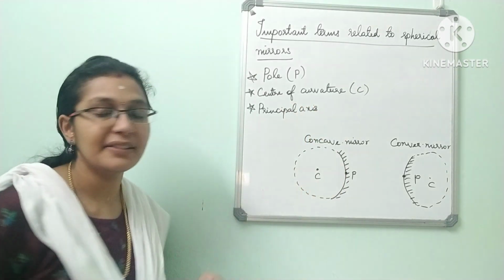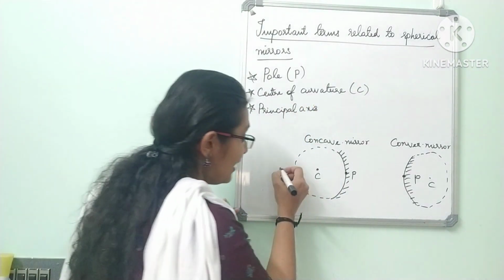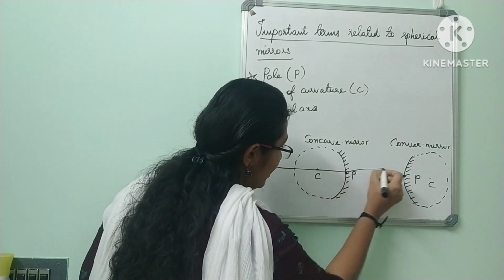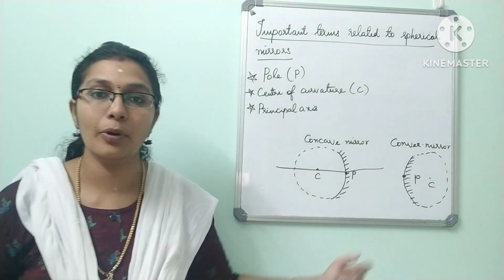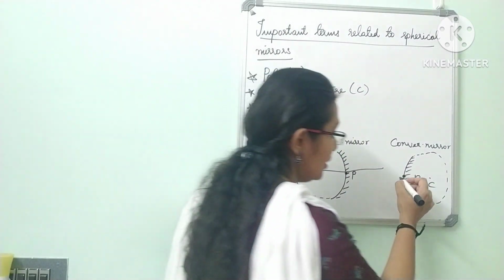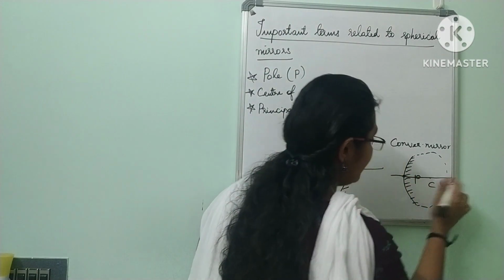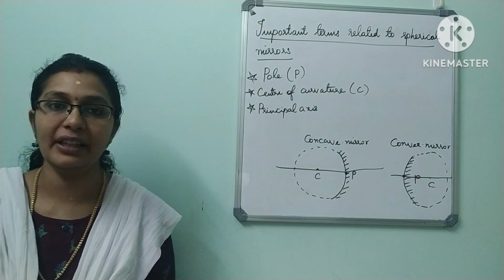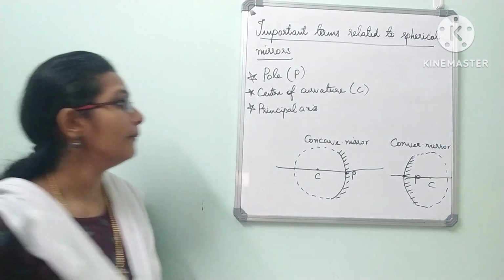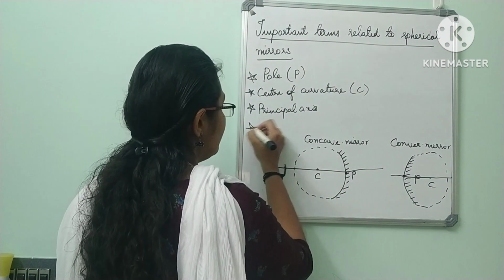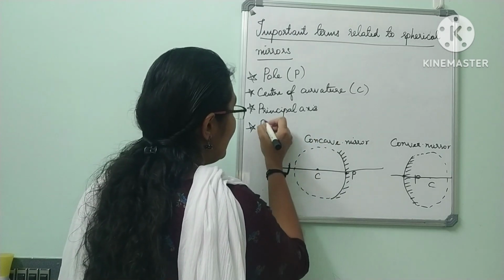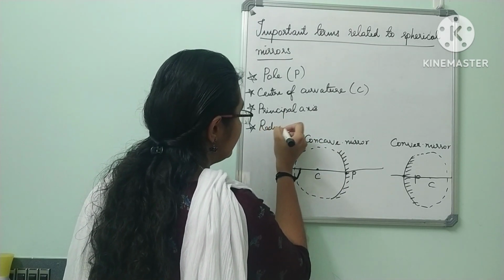Principal axis is nothing but an imaginary line joining center of curvature and the pole. An imaginary line joining center of curvature and the pole is called the principal axis. Clear? Yes. Next, we will learn radius of curvature.